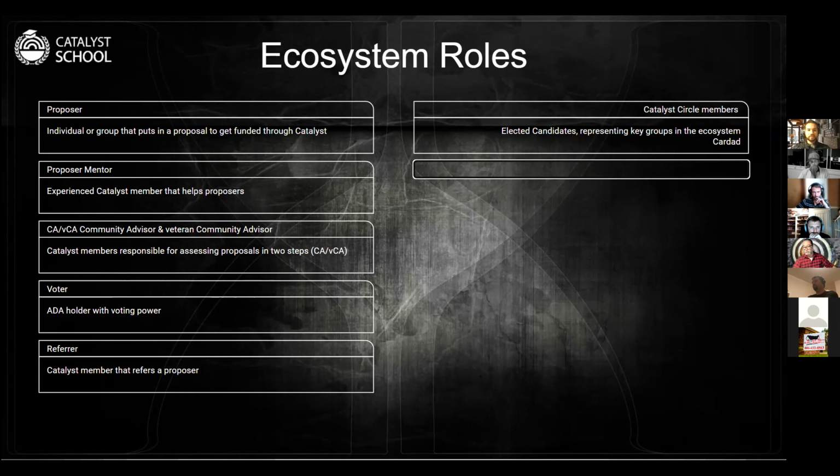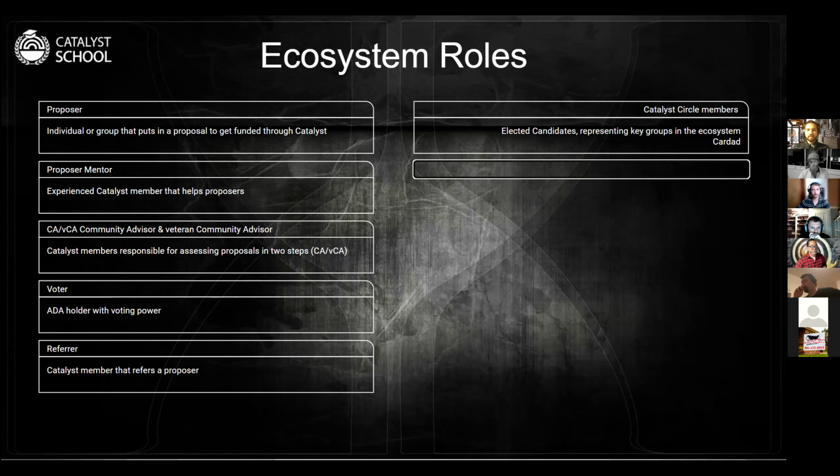All of these groups come together in the Catalyst Circle, and they discuss the future of governance and Catalyst, what should be improved, what should be a priority right now, and what we should wait for, for example some development to be done before we tackle something.